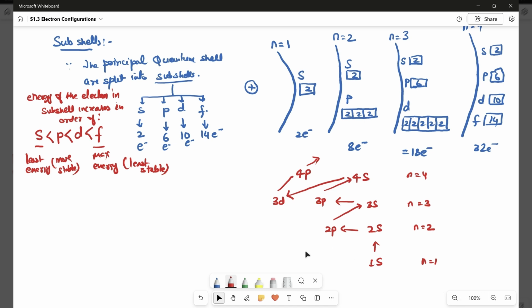This is the flow of electrons during electronic configuration. When we do the actual electronic configuration, you will find that we follow this order. We'll come back to this again in the next lesson.